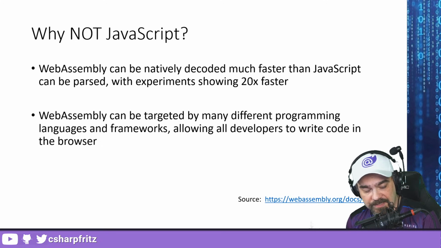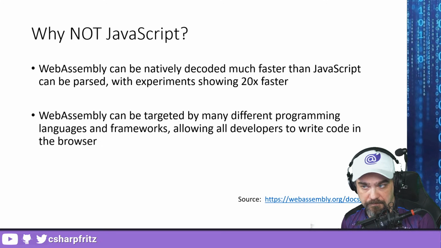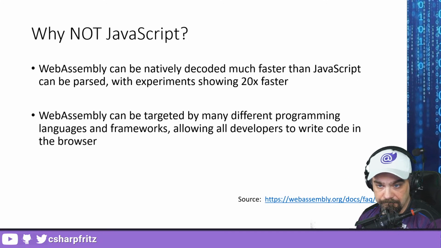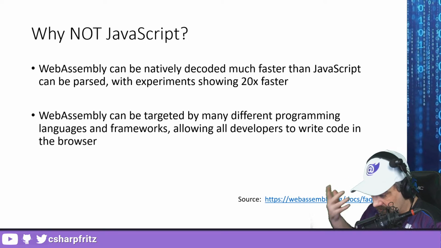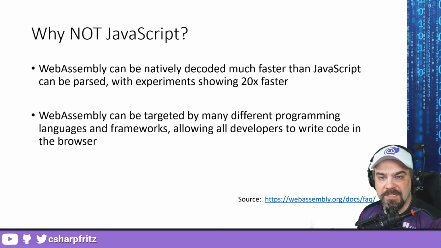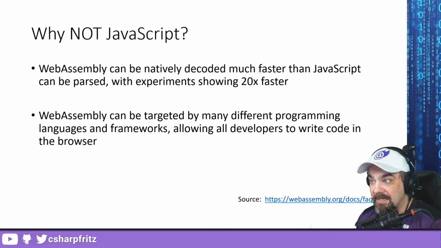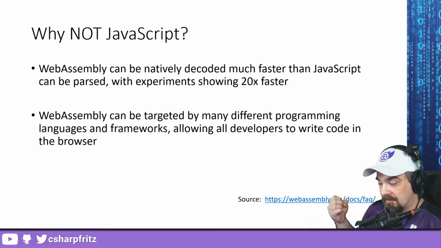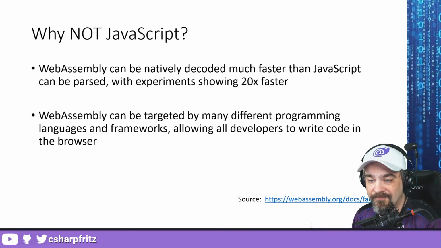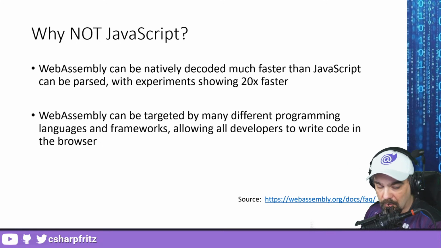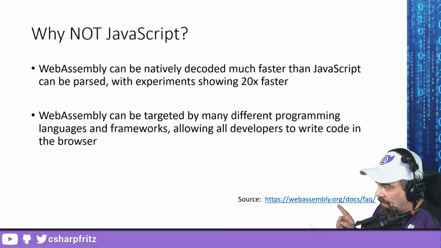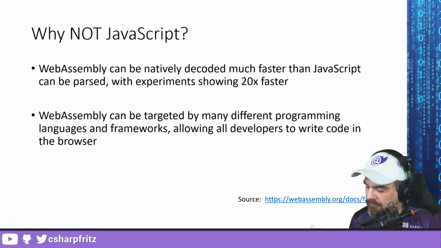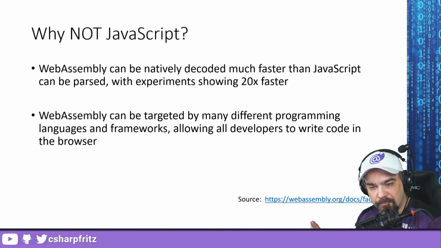WebAssembly can be natively decoded by your browser, which means that instead of it having to be interpreted and parsed, just like JavaScript, it can run directly. Experiments show that WebAssembly, once it's on your browser, can run and be deployed 20 times faster than JavaScript, according to the WebAssembly docs and their FAQ that you see right here. So WebAssembly can be targeted by many different programming languages.